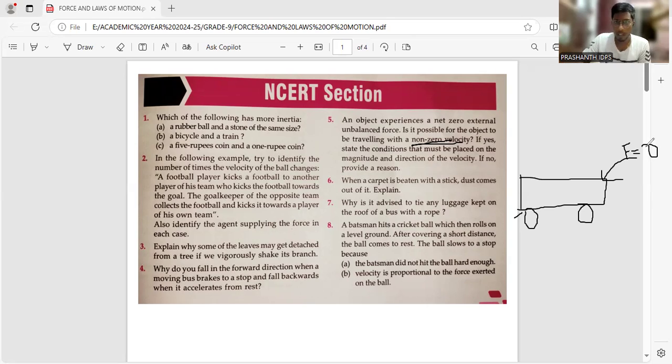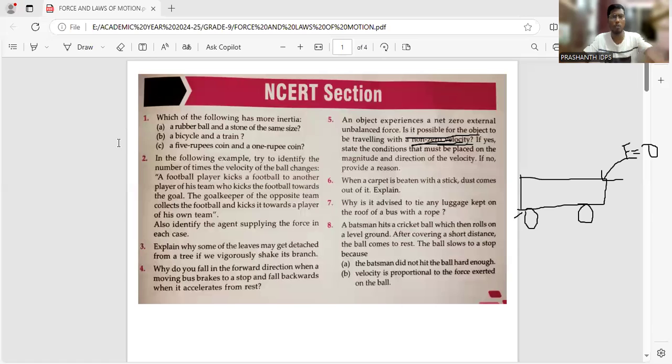Now he's asking is it possible for the bus to travel with non-zero velocity? Yes, non-zero velocity. Why not? If yes, state the condition that must be placed on the magnitude and direction of the velocity. If no, provide the reason.